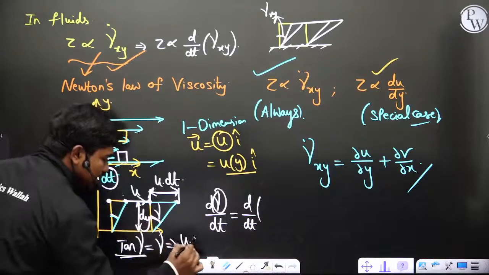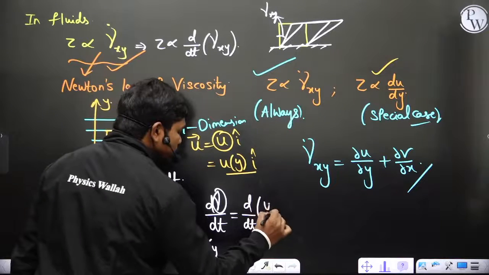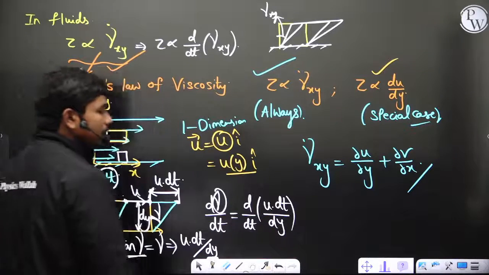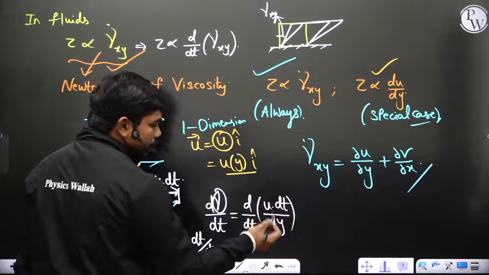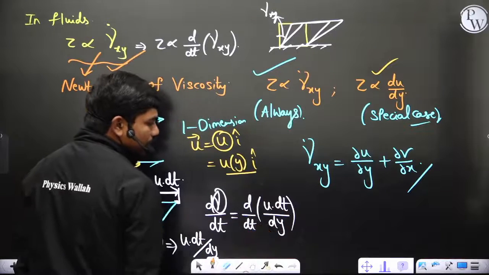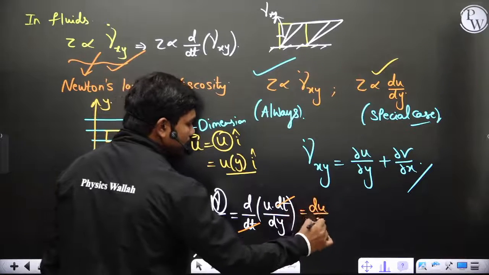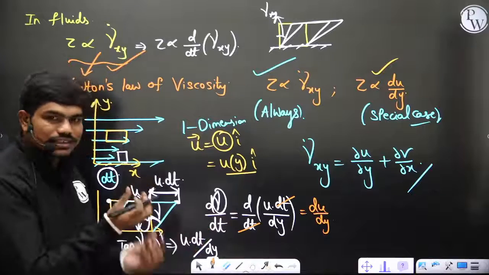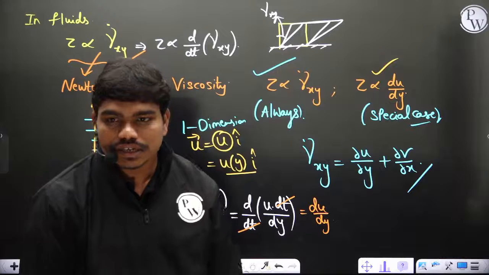So you have u dt divided by dy here. Now if you take dt as a very small value, and u is only a function of y, this dt gets cancelled and you have du by dy here. You may see that it is differential, but actually a small distance traveled in a small time will give you this. So du by dy in this case.